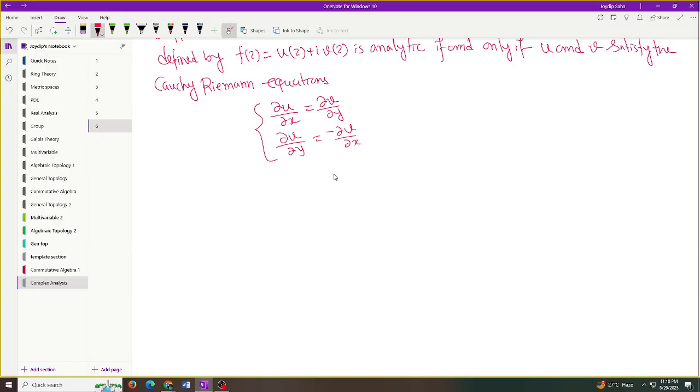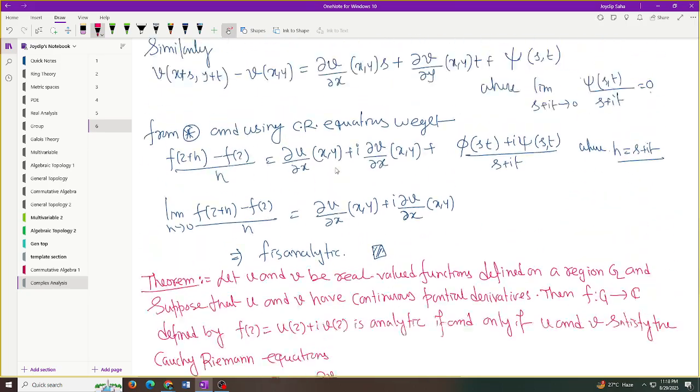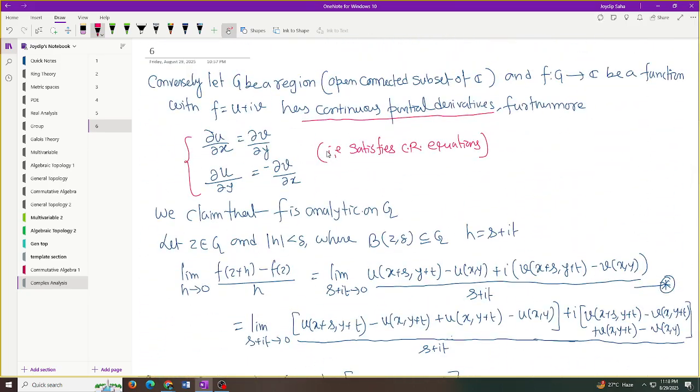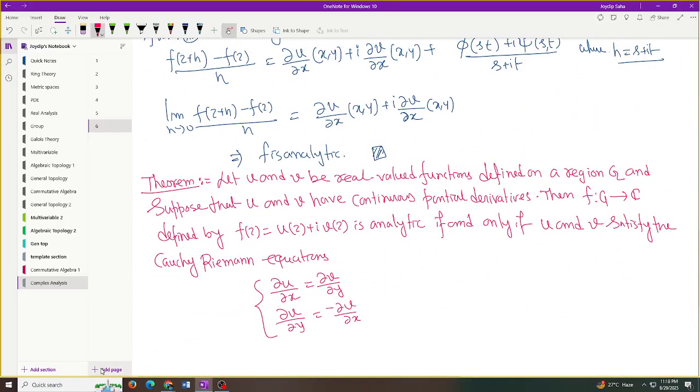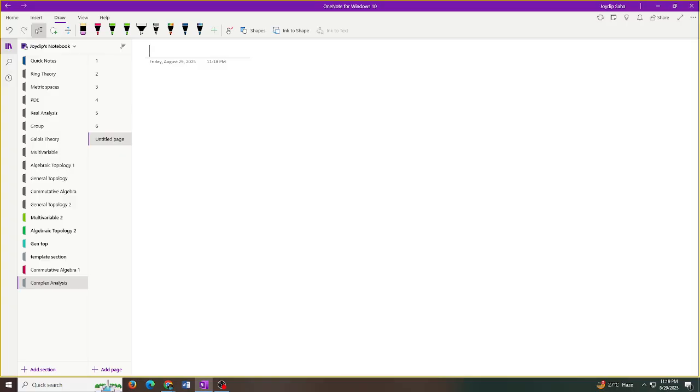Okay, so this is your theorem. If you have any question, please ask me.